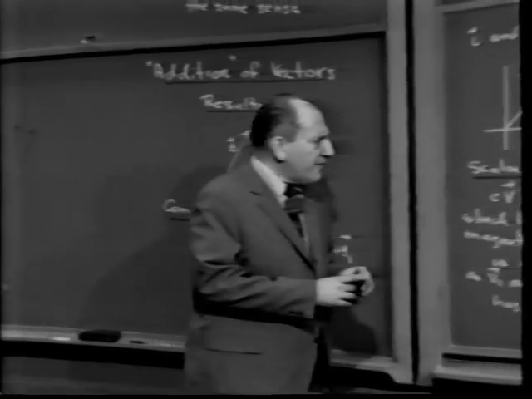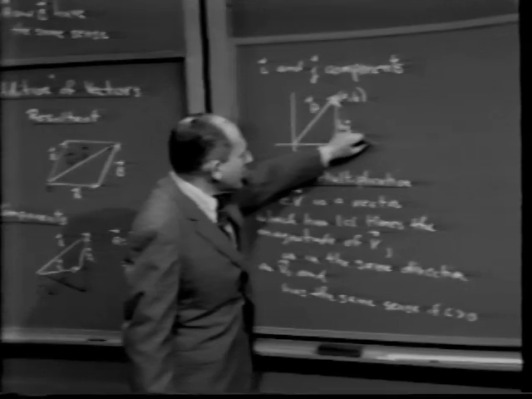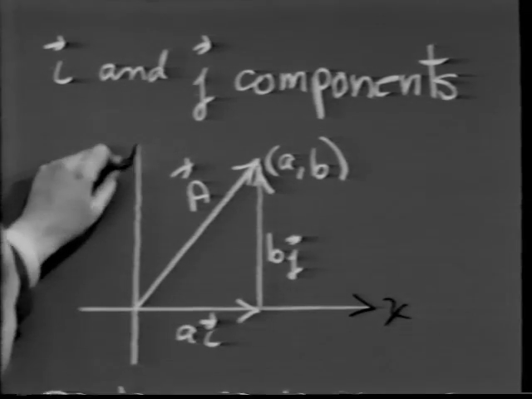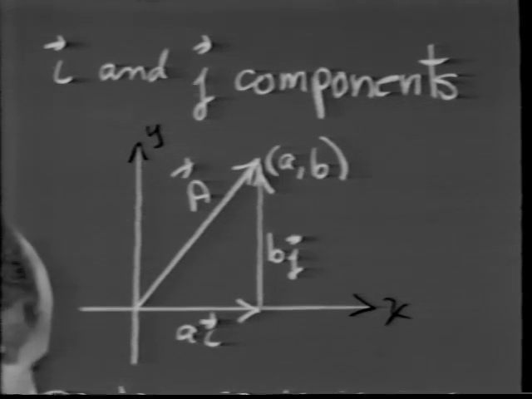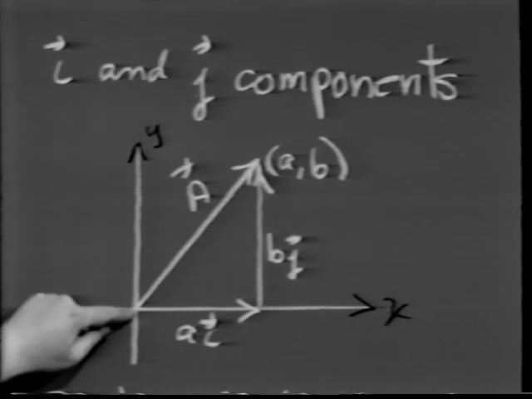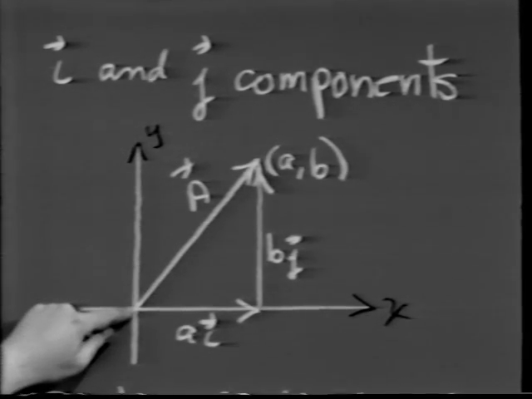By the way, a very convenient coordinate system is our old friend, the x and y Cartesian coordinate system. And the reason for this is as follows. Given any vector A, we can always assume that the vector originates at the origin. And the reason for that is we have already seen that two vectors are equal if they have the same magnitude, direction, and sense.